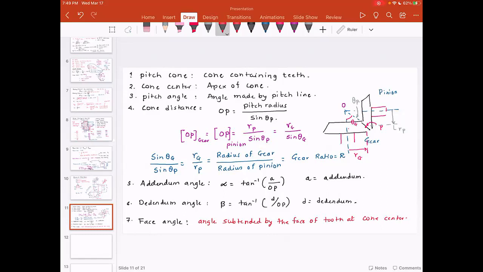But just like spur gear and helical gear, the most important parameter in the case of bevel gear is again the module. So always keep in mind that addendum angle and dedendum angle are important, but the most important relationship for the bevel gear is this relationship.